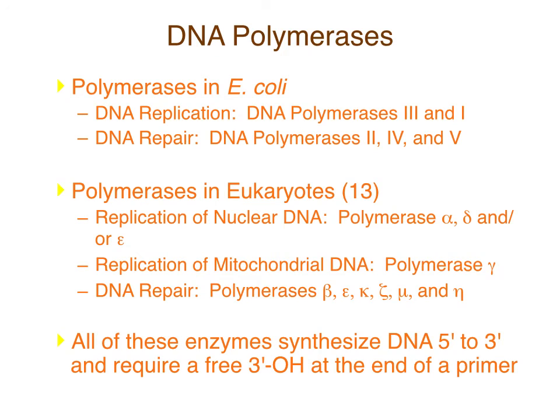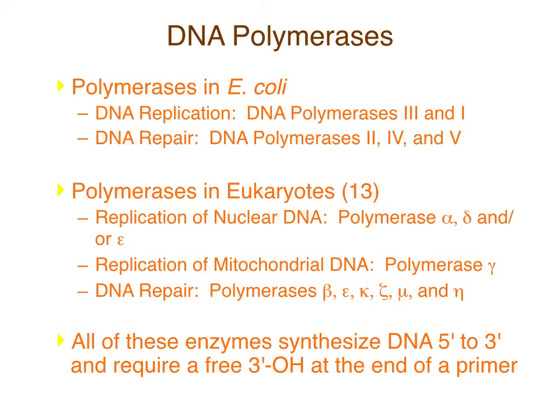But first, before we talk about the specifics of DNA polymerase 3, let's just look at some of all of the different polymerases that are out there. In E. coli, these are the ones that we're most familiar with. We have DNA polymerase 1, 2, 3, 4, and 5. For DNA replication, the main one is DNA polymerase 3.